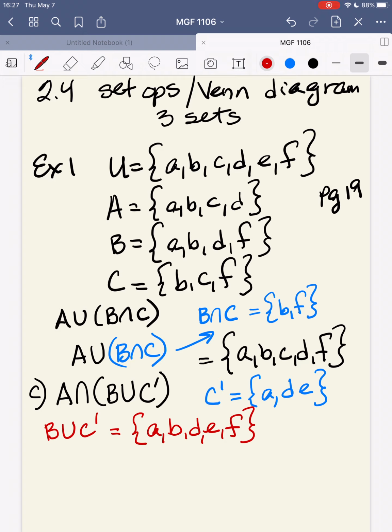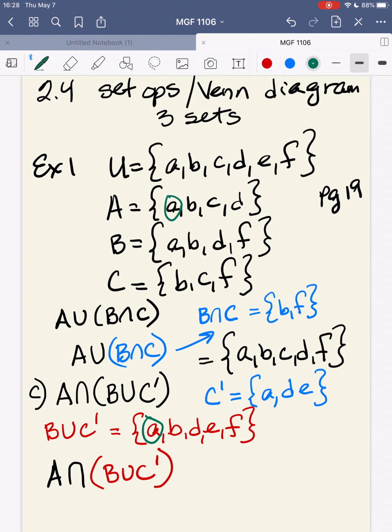Now I'm going to put it all together, and I want to take A and find where it intersects with my set B union C complement. So what do they have in common at this point? A has an A, so does B union C complement.